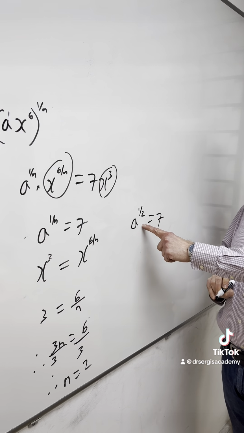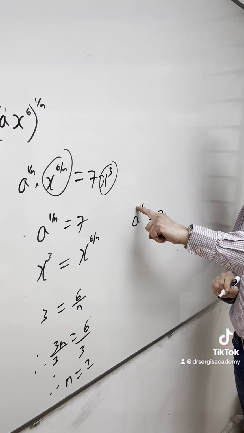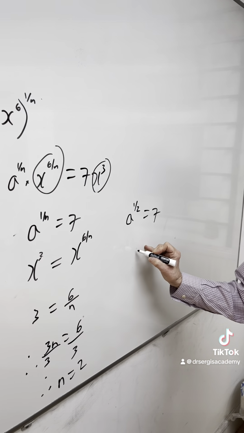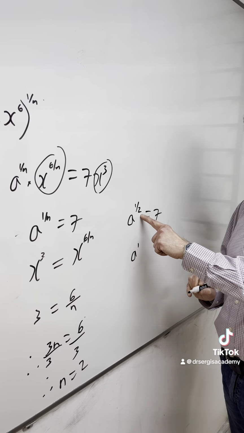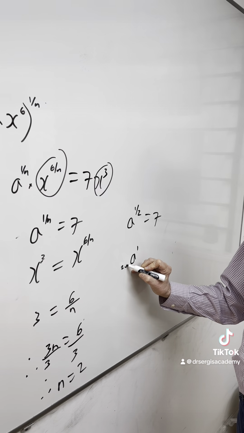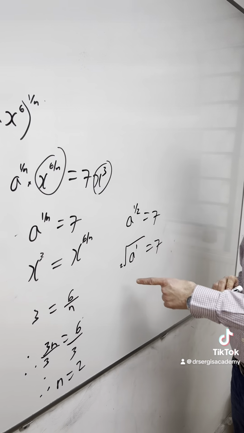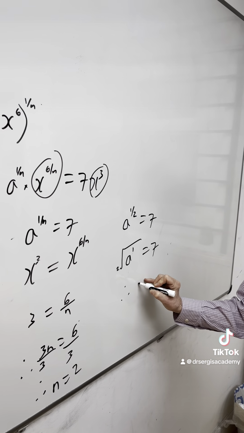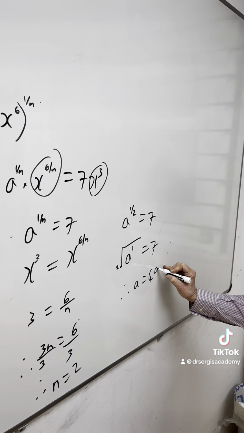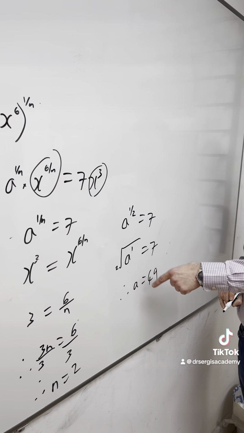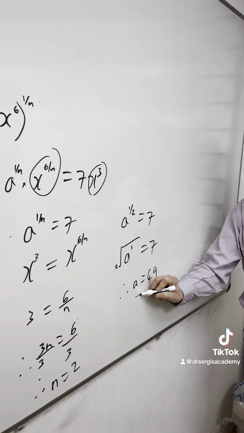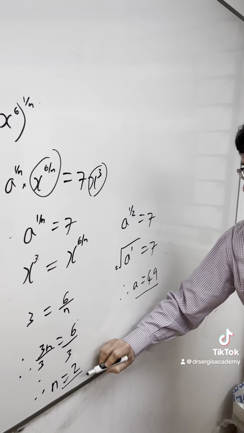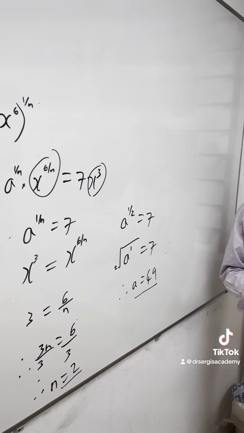The numerator of the fractional index represents the power, so that's a to the power of 1, and the denominator 2 represents the root. So that reads the square root of a is 7. If the square root of a is 7, therefore a surely has to be 49, as the square root of 49 is 7. So a is 49 and n is 2. N equals 2 and a equals 49.